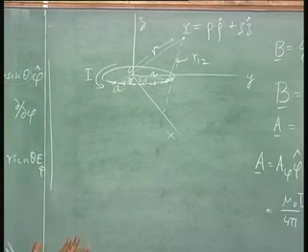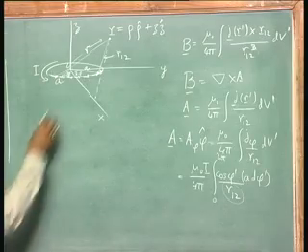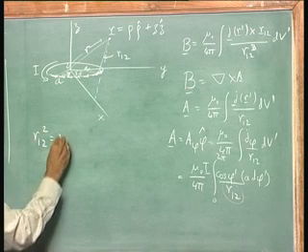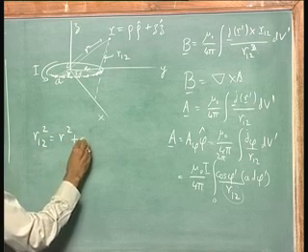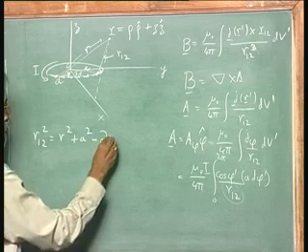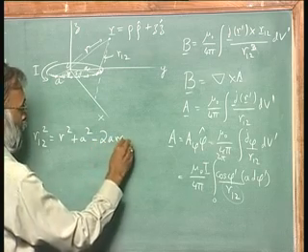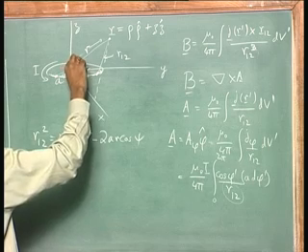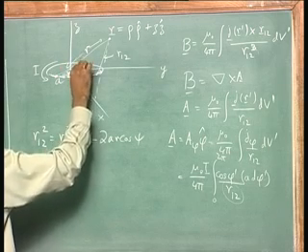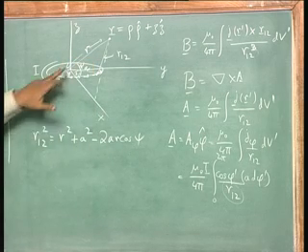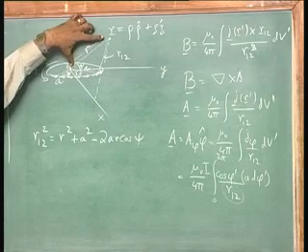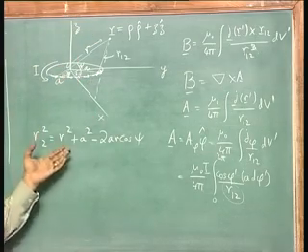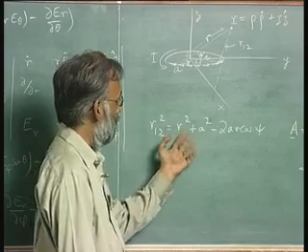So, it is a triangle, and I know that R12 squared is equal to R squared plus A squared minus 2AR cos psi, where psi is the angle between the R vector and the A vector. This is what is called the triangle relation.